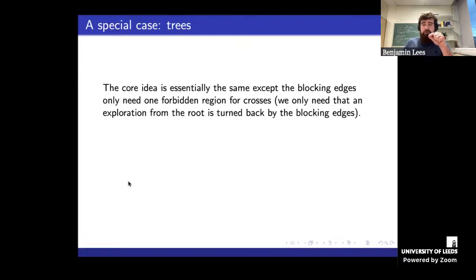So we start at the root, we follow the cycle going along the tree, and all we need is that when we get to a certain vertex, there's a blocking structure if this loop is then turned back at this edge or this vertex and has to try and carry on to infinity through some other path.